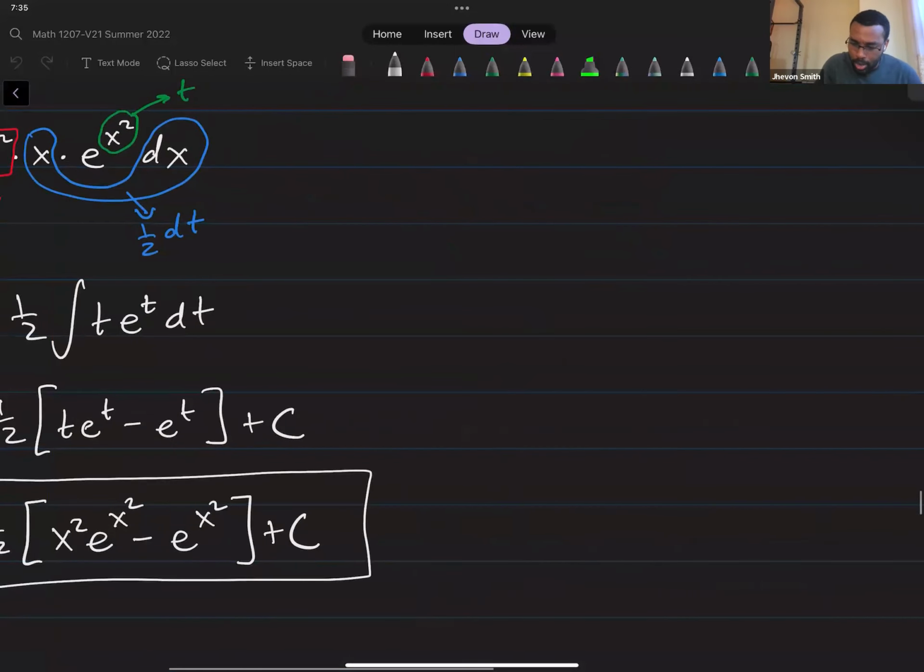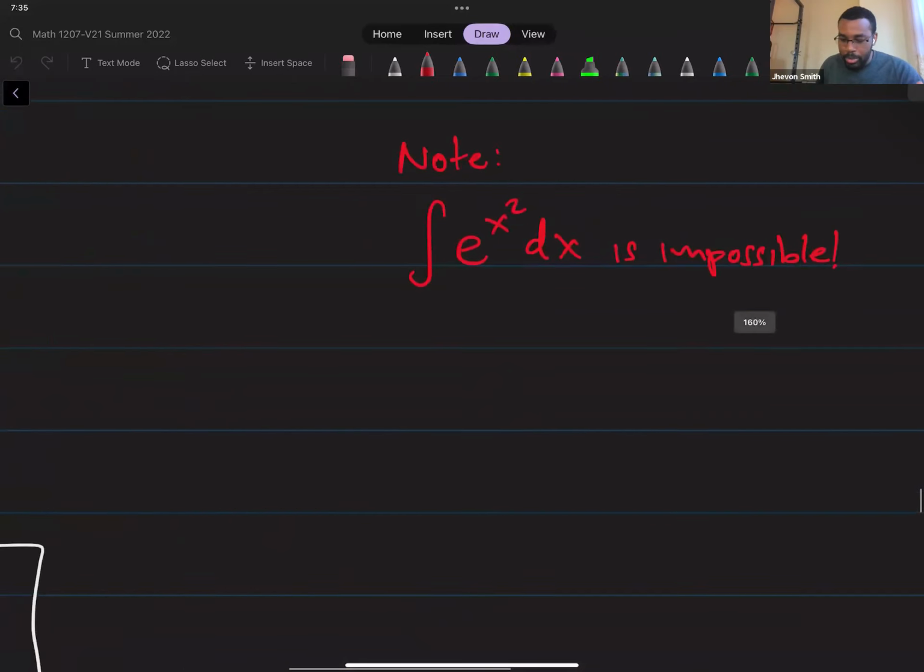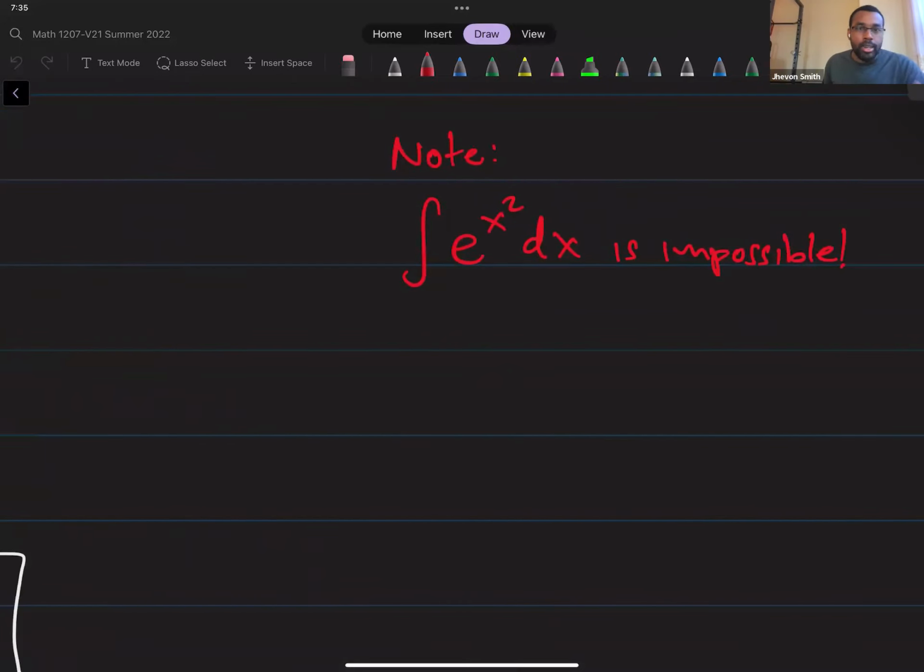So for example, we know that the integral of e to the x squared dx is impossible. I don't mean it's hard to figure out what it is. It's literally impossible for us to find an antiderivative for this function. There is no function that we can write down in terms of all the functions that we know, where if we differentiated that function, we would get an e to the x squared. This is an impossible integral.